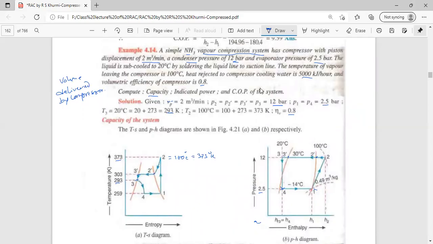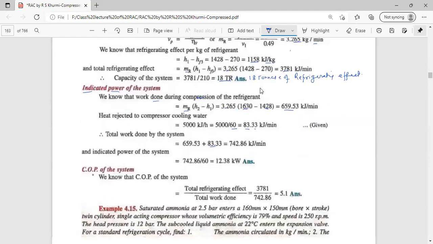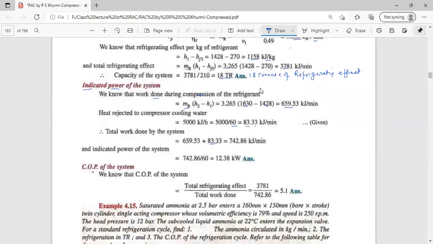So this is the amount of energy required for compression, and this is the amount of energy required for cooling the compressor to make it workable. So the total work should be 659.53 plus 83.33.